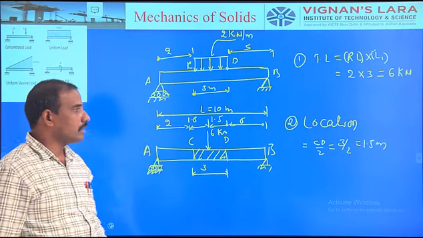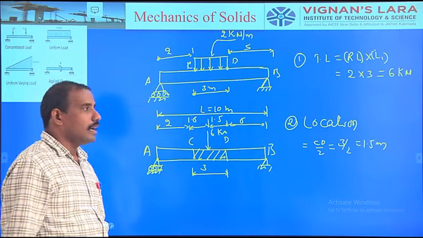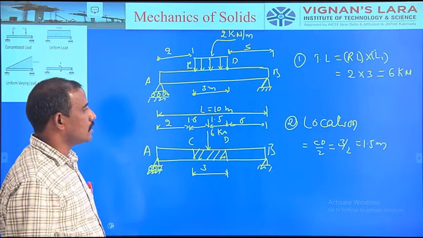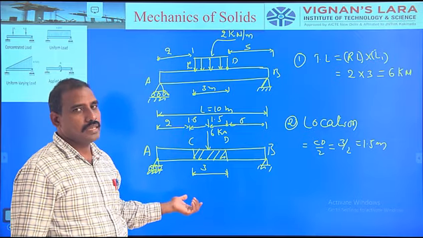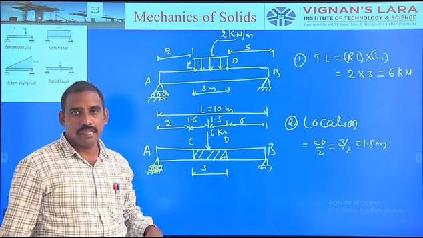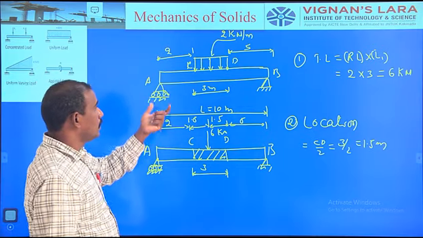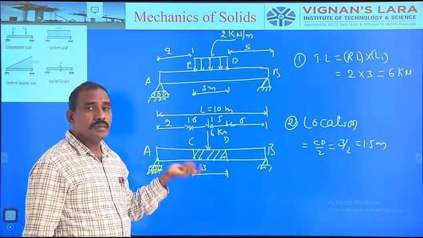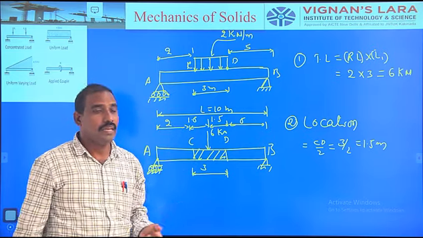Here we have to remember 2 points. One is the calculation of the total load, and the second is the location of the point load at which the total load is concentrated. In the particular case of uniformly distributed load, the location is the midpoint of the span over which the load is distributed.